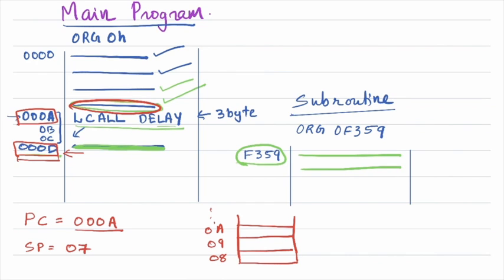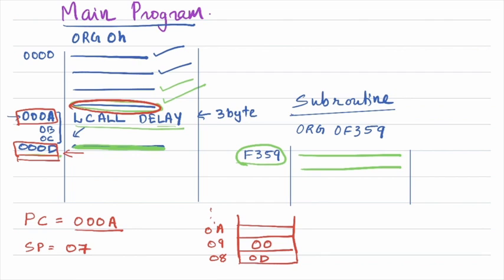It will push the content onto the stack. So 0D will be stored in the lower stack location, that is 08 in stack memory, and 00 will be saved in the next upper stack location.